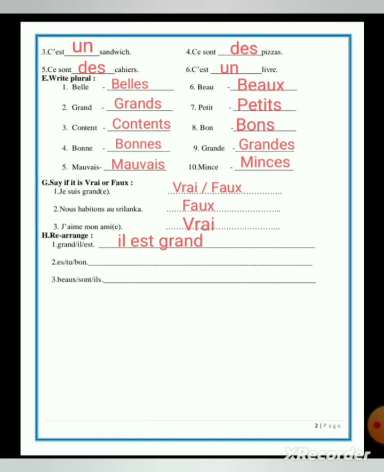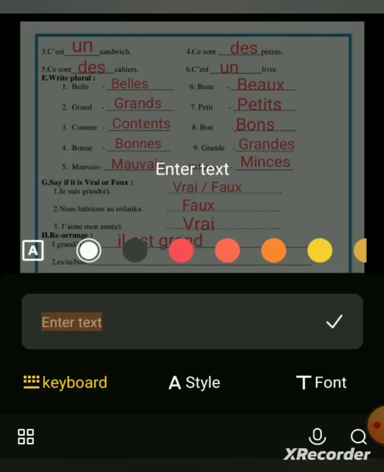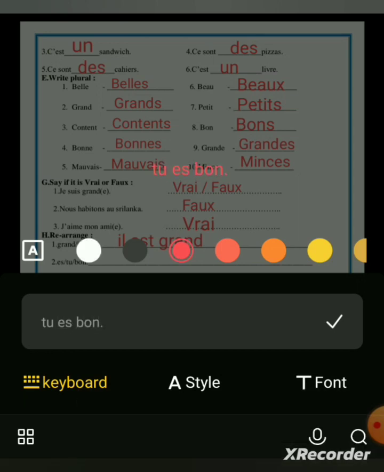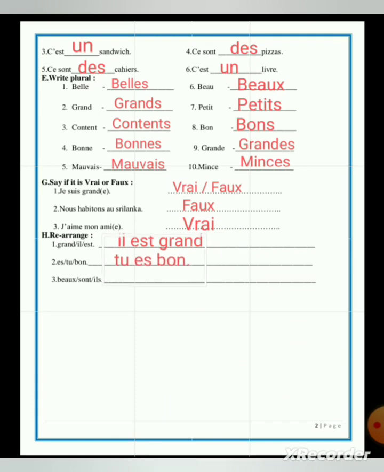Clear? Come to number 2. Now the subject pronoun is tu. You are good. Tu es bon. Tu is the subject pronoun, es is the verb, and bon is the adjective here. Bon means good. Last one is, now identify the subject pronoun.